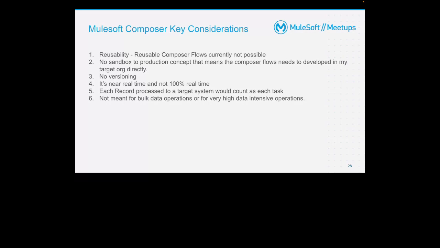In MuleSoft Composer, I think for $27,000 you get some 2.5 million tasks, and each task is counted as a record processed to your external system. So if I have 10 systems, and my Composer flow interacts with those 10 systems, then it will be 10 task records utilized for the interaction. We need to keep this in mind as well.